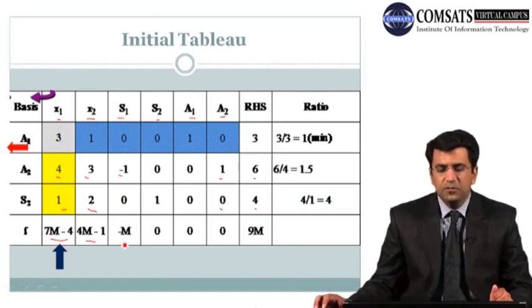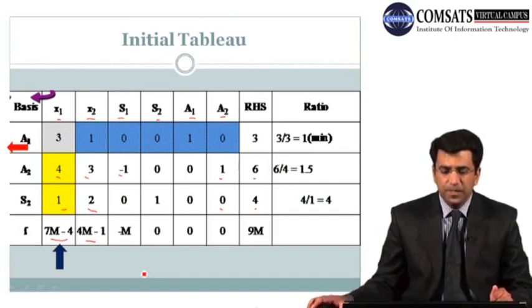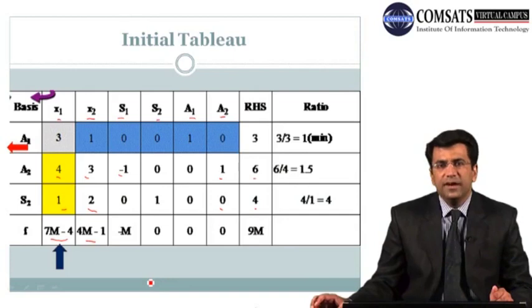The next value in this objective function is minus m, so this is negative, but because of these 2 positive values, this table will not give us the optimum solution, because as I just told you, all of the coefficients of the objective function must be in negative form. So we'll have to again identify the pivot column, pivot row, and then the pivot number, so we can reformulate this table.